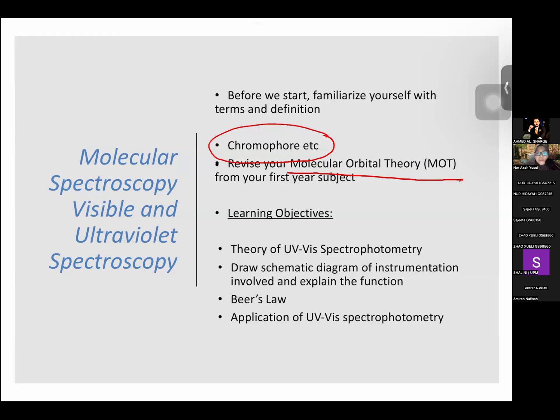Okay, my next question is why chromophore can absorb light? Anyone? Just throw in whatever that you remember. Can you repeat the question, Doctor? Yes, Ahmed.